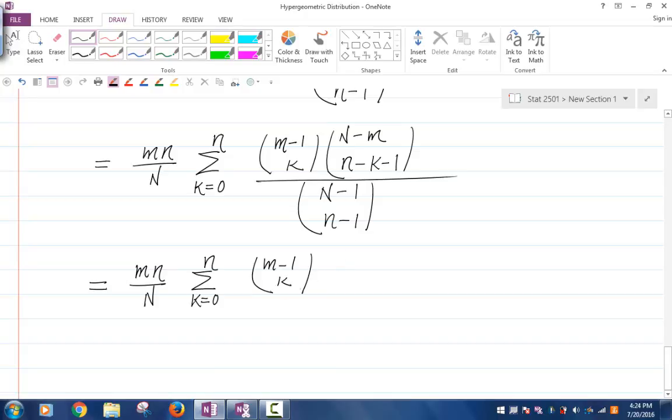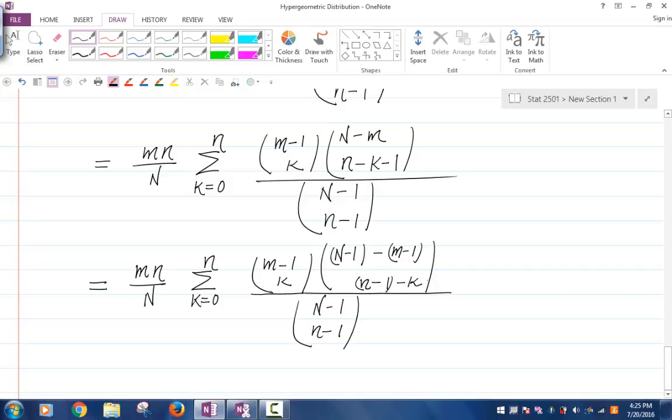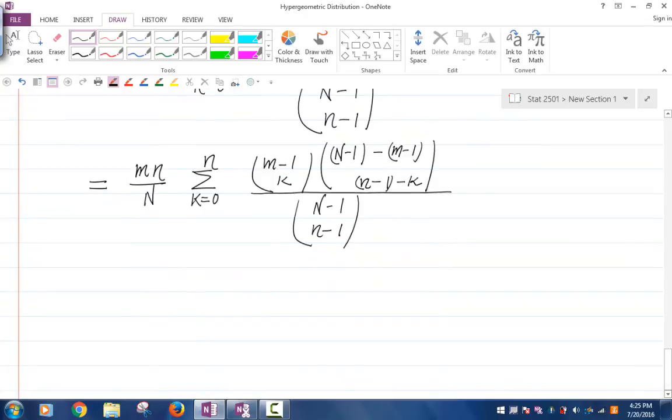The denominator here is cap N minus 1 choose n minus 1, and here I'm going to rewrite this as cap N minus 1 minus m minus 1, which is still cap N minus m, choose n minus 1 minus k. Okay, so I have this binomial coefficient here. The reason I rewrote it in this way is the following.